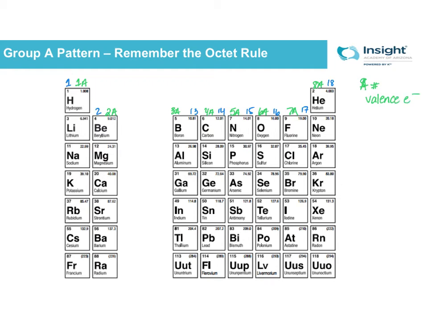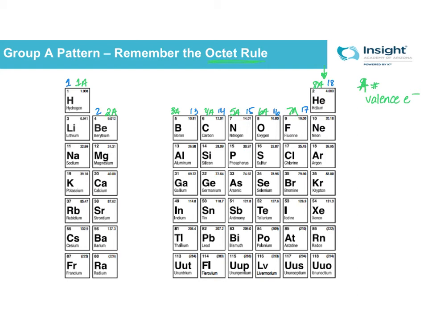All right, and if you remember, we talked about this briefly, but there's that octet rule, and this is the whole reason why our noble gases don't react, is that our atoms find themselves the most stable when they have 8 valence electrons.